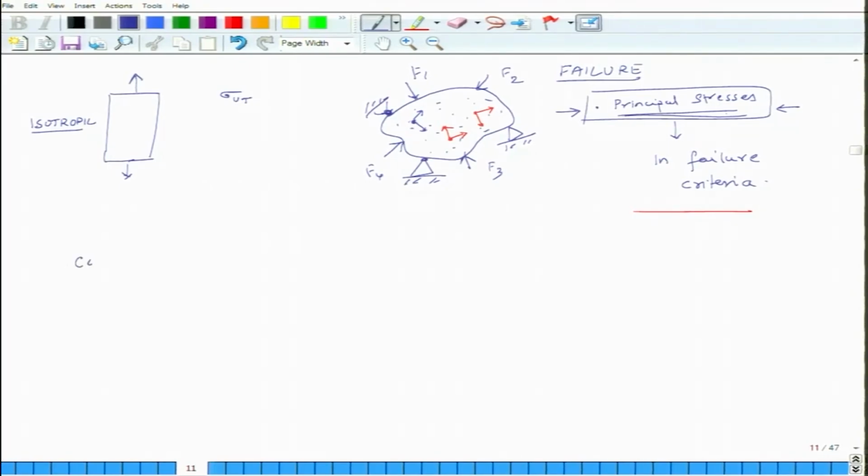So, a composite unidirectional lamina, or I can call it a composite, and this is again a unidirectional composite, has 5 strength parameters.